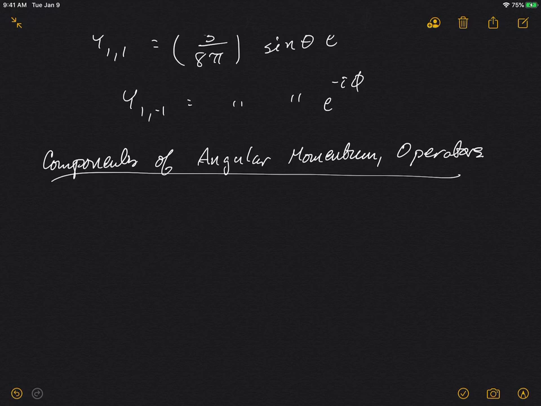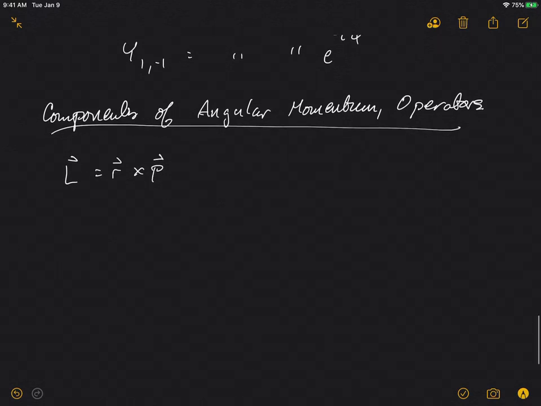So you recall that from the classical definition of angular momentum, L equals r cross p. It's a vector quantity, and it's given by this kind of determinant, where you have i, j, and k.